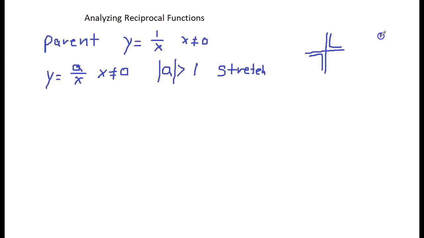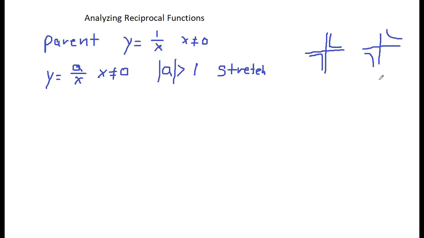A stretch would pull this away from the x and y axes, where it pulls it out more. It stretched it out diagonally, like following the line y equals x. That's what values for a will do when the absolute value of a is larger than 1.